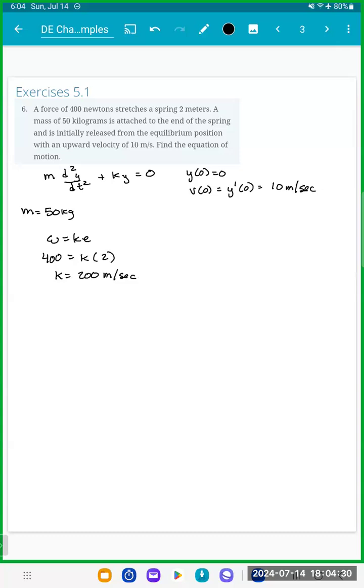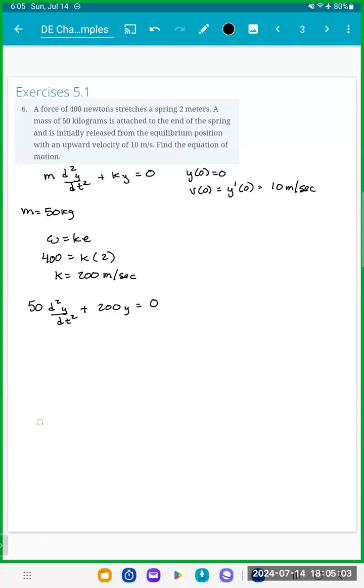So the equation for the spring mass system then is going to be 50, for our mass. We're really just plugging into that equation at the top: 50 d squared y over dt squared plus our K, which we just calculated, 200 y is equal to 0.